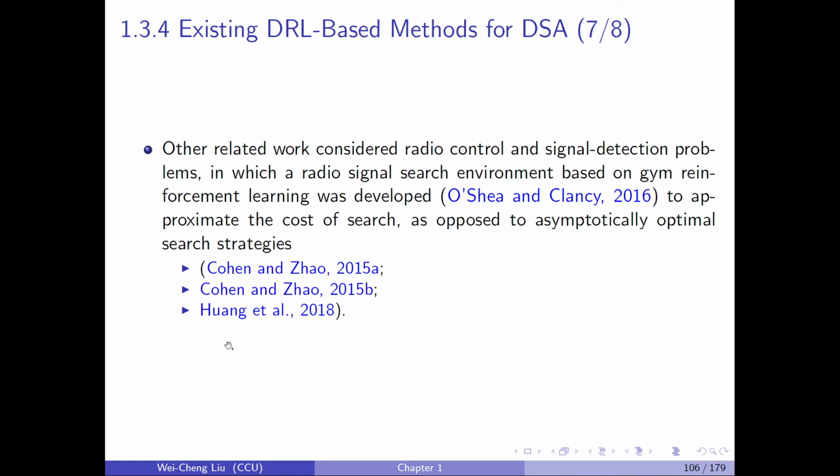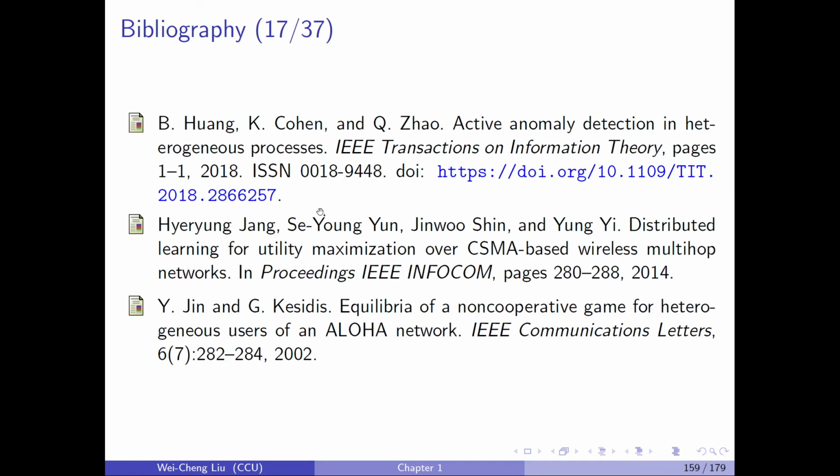Okay, and the third one is Huang et al. in 2018. Okay, we can see that Huang et al. The paper title is Active Anomaly Detection in Heterogeneous Processes, IEEE Transactions on Information Theory.